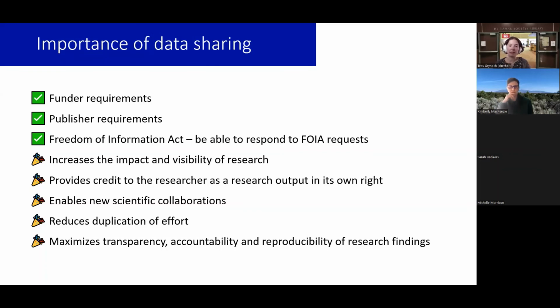But more importantly, data sharing increases the impact and visibility of research, provides credit to the researcher as a research output in its own right, which is especially important for new researchers who are developing their research record, and enables new scientific collaborations, reduces duplication of effort, and maximizes transparency, accountability, and reproducibility of research findings.